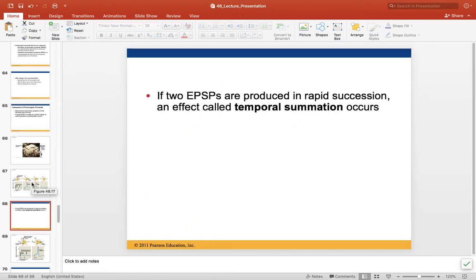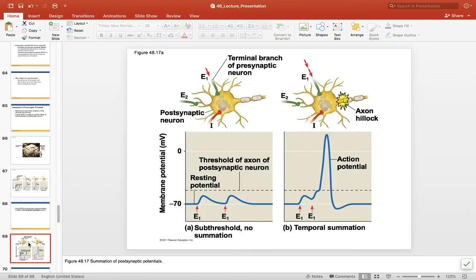So, for example, if two EPSPs, excitatory postsynaptic potentials, are produced in rapid succession, there's an effect called temporal summation that occurs. So with two rapid successions of message, you can get temporal summation.